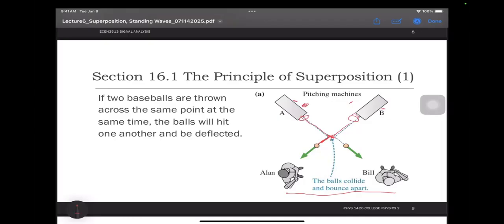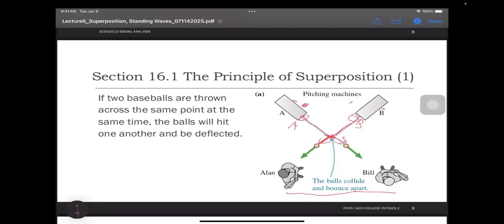Ball A will be hit in this direction, and ball B will be hit in this direction. You can see they cannot be in the same position at the same time, for a real ball. Am I right? Does it make sense to you? You can see they hit each other and then deflected.